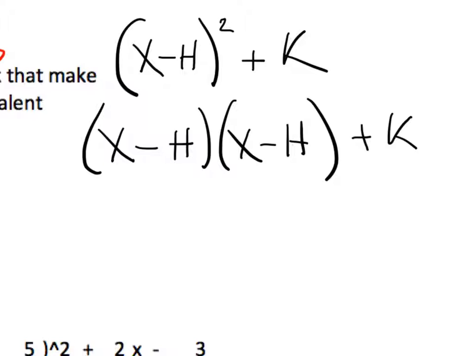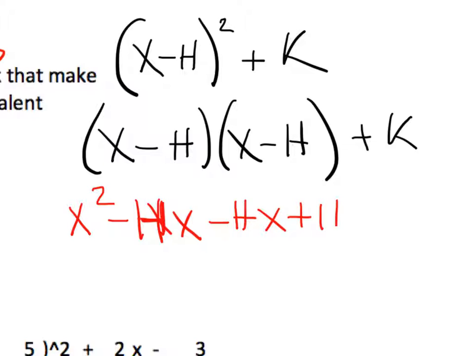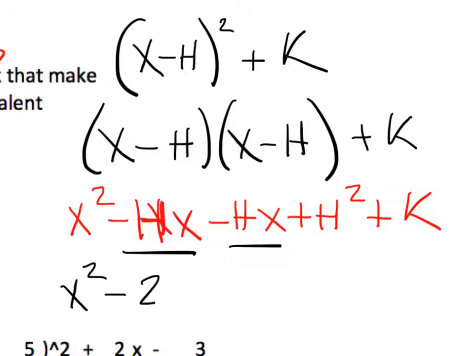When you multiply this out, it will be x squared minus hx, written sloppily, minus hx, and then plus h squared. Of course, you'll have the k there at the end. Now, you have to simplify in here to come up with x squared minus 2hx plus h squared plus k.